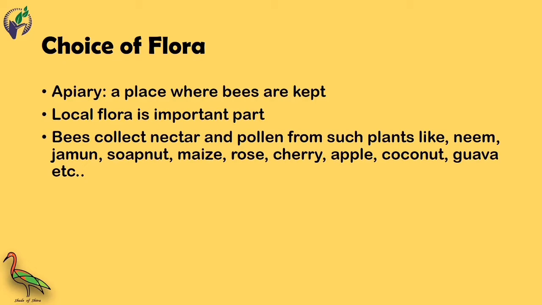From this nectar and pollen they produce honey and also bee wax. Why do they collect pollen? Because pollen is useful for the male or drone, since pollen has higher protein, so it is useful for the male.